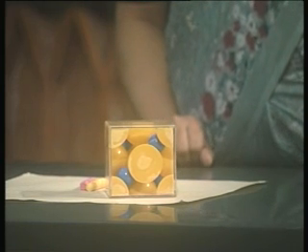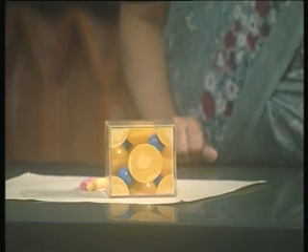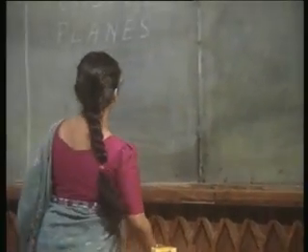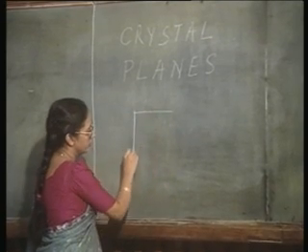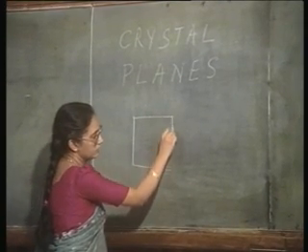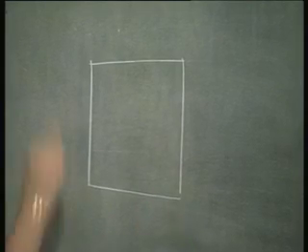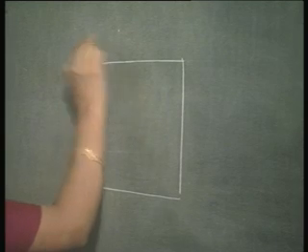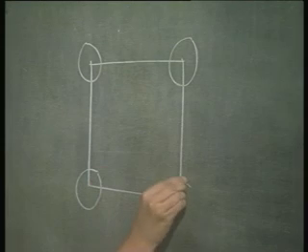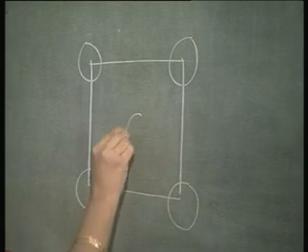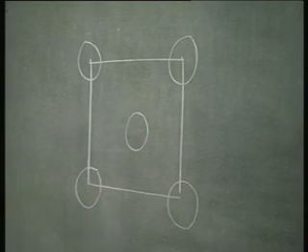But they are not uniquely contained in this plane. What do I mean by that? What I mean is simply this. Let us consider the 1 0 0 plane. I have a corner atom here and a corner atom here and a corner atom here and one here and one at the center.